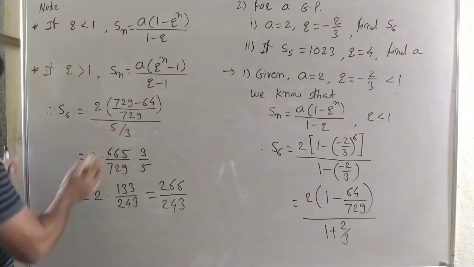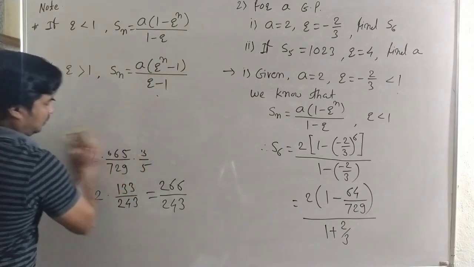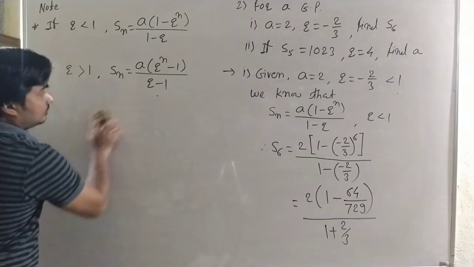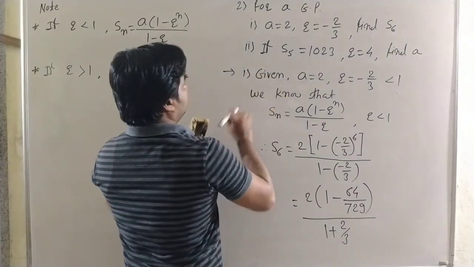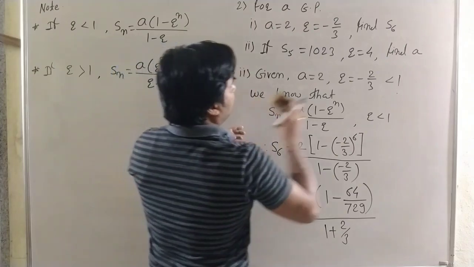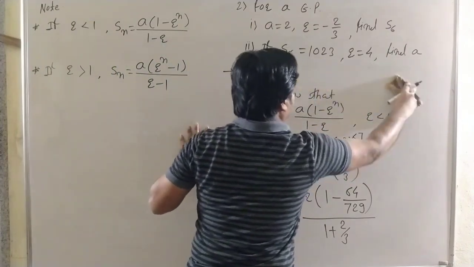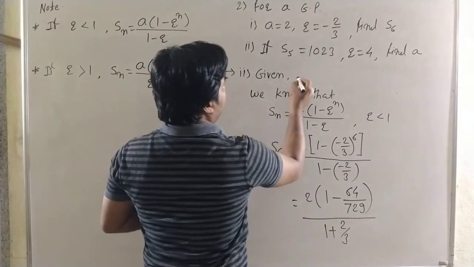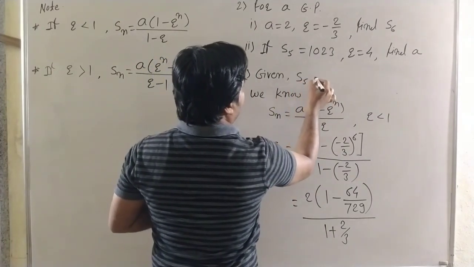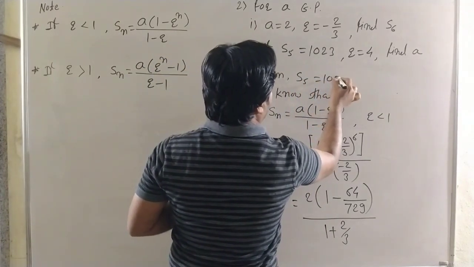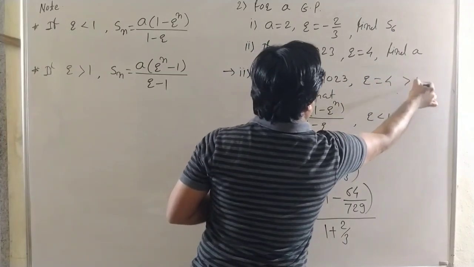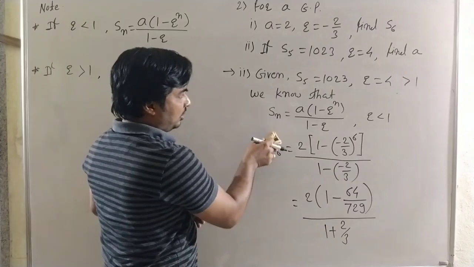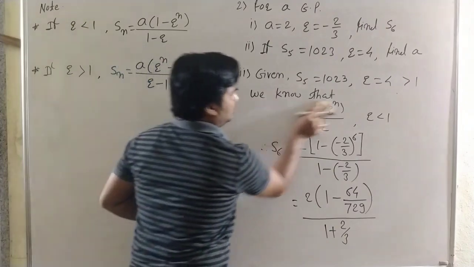Now we see the next example, example number 2. Here given that S5 is 1023 and r is equal to 4. 4 means greater than 1, so we use the formula for r greater than 1.